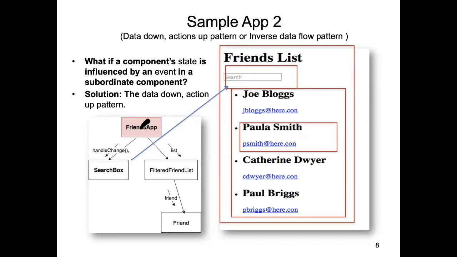However, this is still the stateful one. This is the one that needs to know the current value of the text box so that it can compute the list of matching friends. But it's this other component that finds out that the user has actually changed the text box. So it needs to communicate to this one that it needs to make a state change. The way it works is the stateful component will pass a function down to the subordinate in the form of a prop.